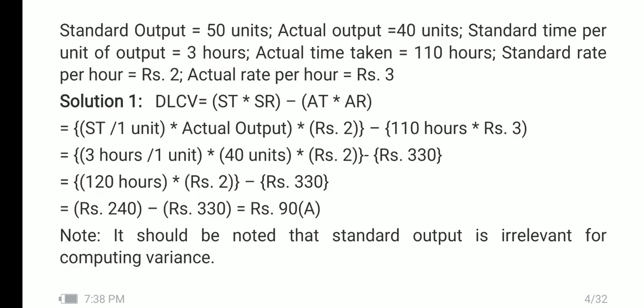It is already given. That is equal to 240 minus 330 will give us 90 adverse. That means 240 is the standard labor cost, 330 is the actual wage paid, difference is 90 adverse. It should be noted that standard output is irrelevant for computing this variance.